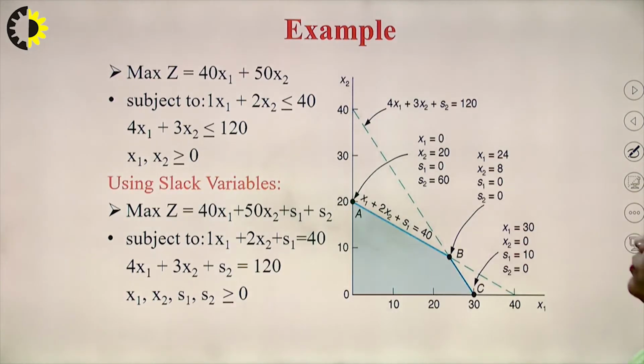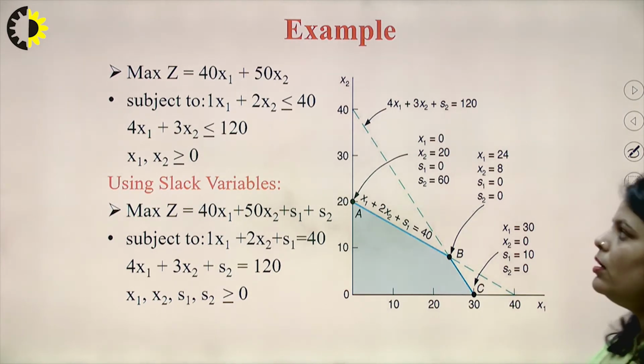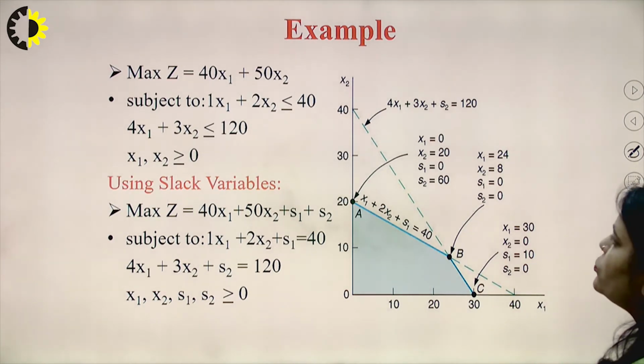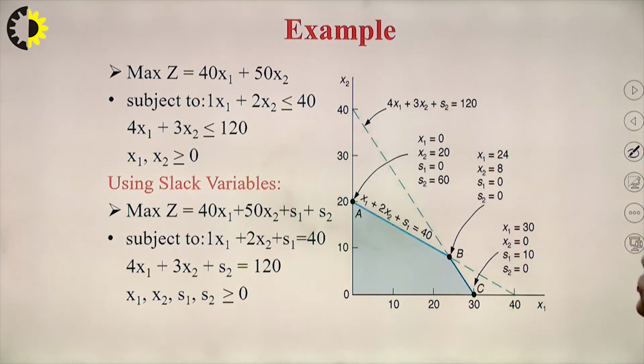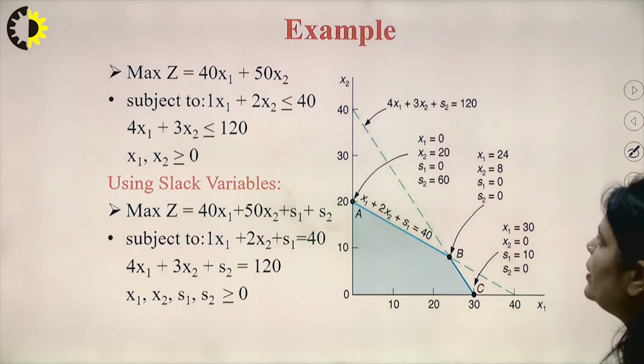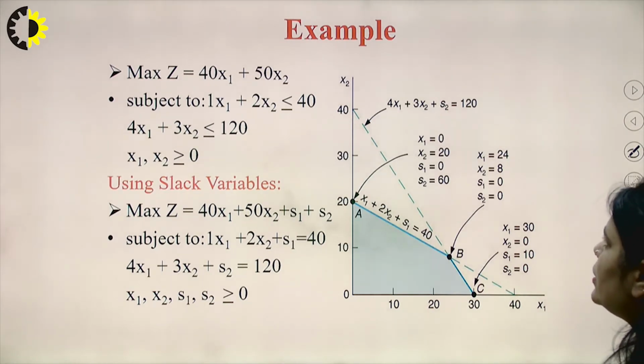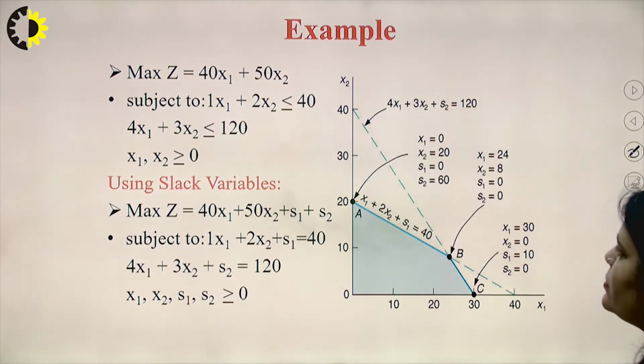Clear? Now we have taken an example here. We can see our objective function is to maximize z, and z is equal to 40x1 plus 50x2, subject to two constraints: 1x1 plus 2x2 less than or equal to 40 and 4x1 plus 3x2 less than or equal to 120.